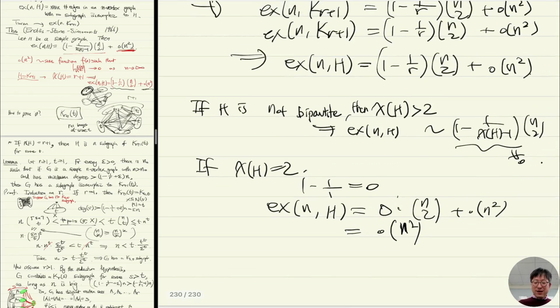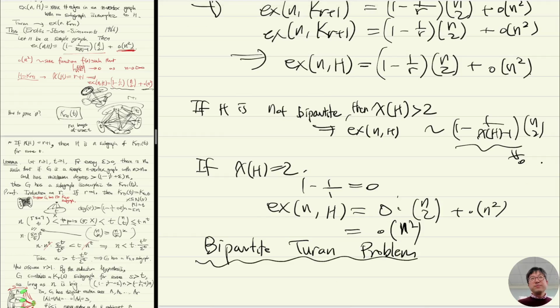So that's the big problem. So the bipartite problem remains very much open. We fix a bipartite graph H, and want to determine the maximum number of edges in a graph without this H subgraph.